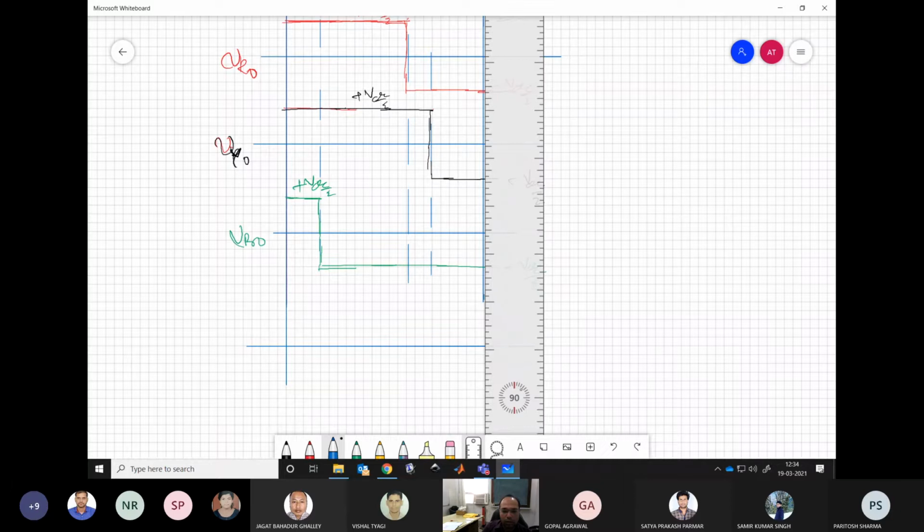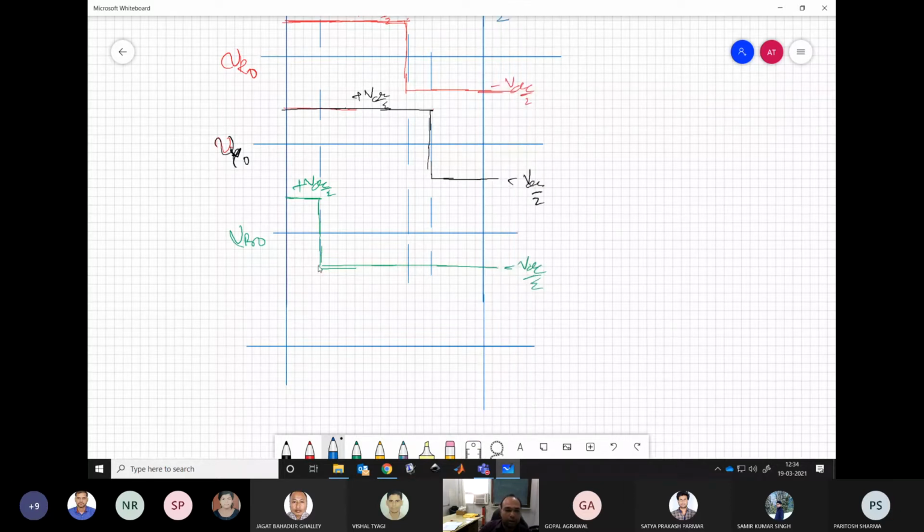Now we can compute for different intervals what exactly we are having. Let's say for the first interval, up to this point, and then up to this point, and then up to this point. We give these names: T1, T2, T3, and then TSW by 4. So this is how we are having.